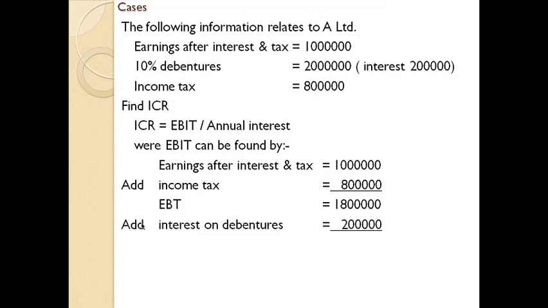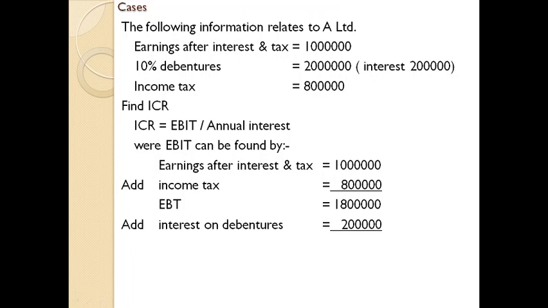We add back interest on debentures. Remember that for interest on debentures, we usually take the annual interest, that is, the total interest amount paid during the period. Here it is 2 lakhs, the annual interest of debentures paid. Sometimes you might come across questions where the interest is given on a monthly basis.